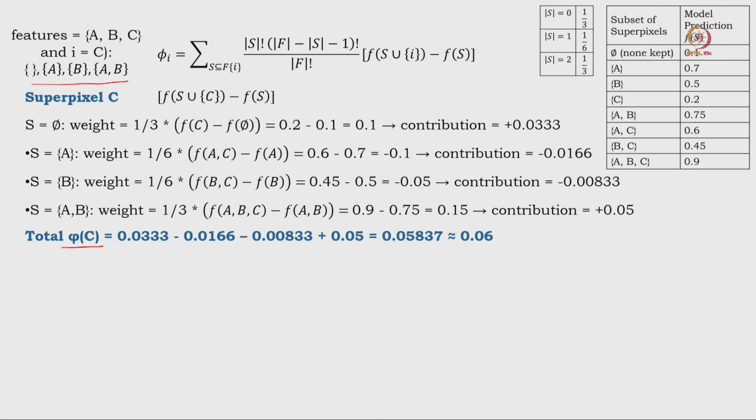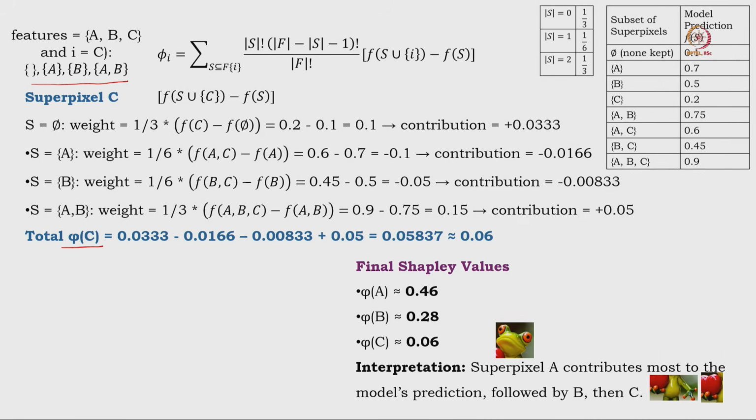What we have done is calculate the Shapley value for A, B and C. How much each feature contributes to the model prediction is what we have calculated. Now, the values that we have calculated: for A it is 0.46, B 0.28 and C it is 0.06.